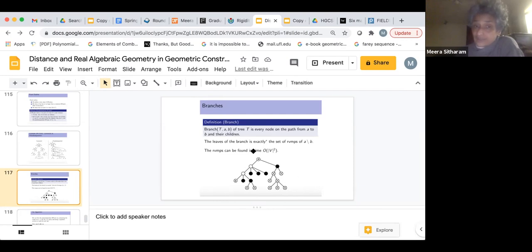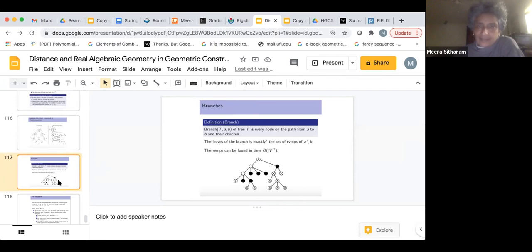We can show that the rigid vertex maximal proper subgraphs, these black ones, can be found in time order v squared.